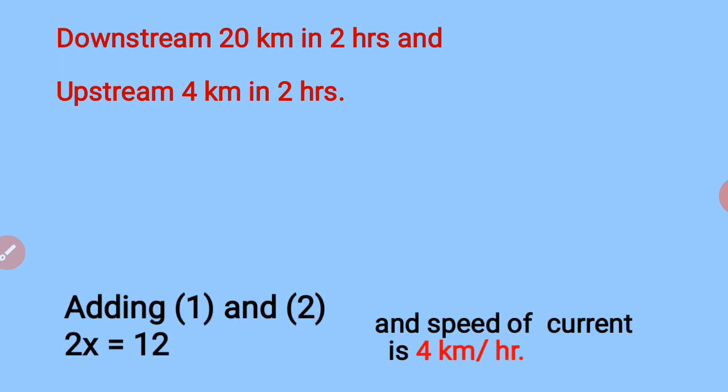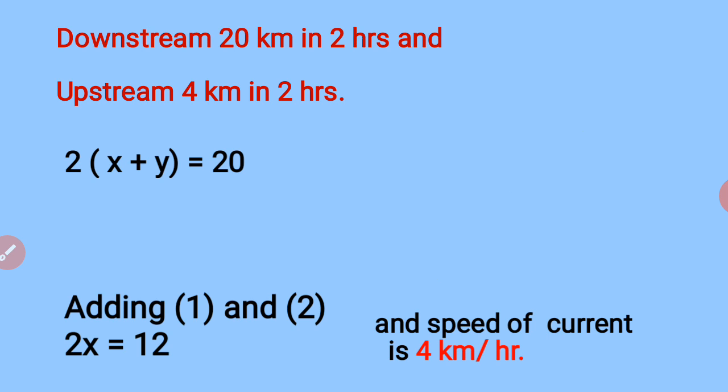Downstream 20 kilometers in 2 hours. So let us consider the first part. Two hours and the speed downstream was x plus y. We all know that speed multiplied by time gives you distance. You have been studying distance is speed multiplied by time.